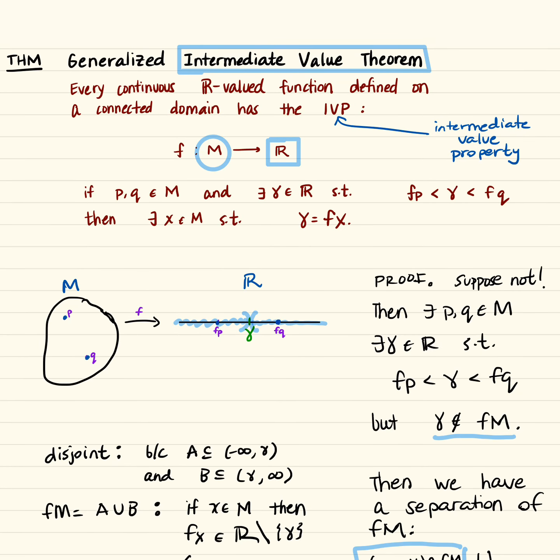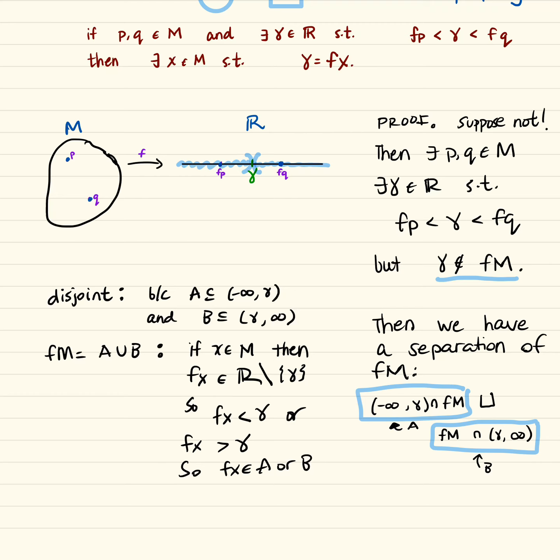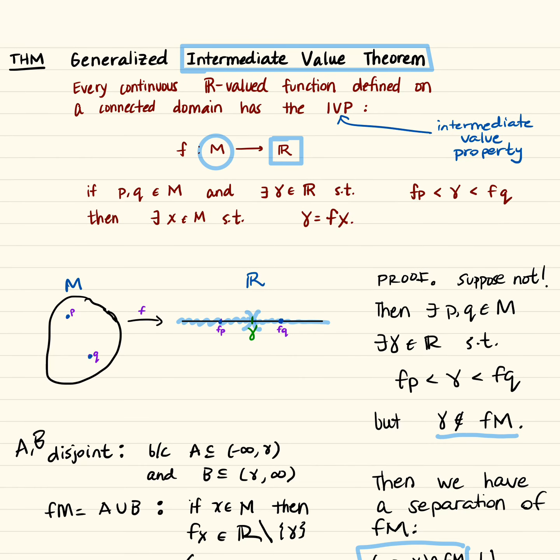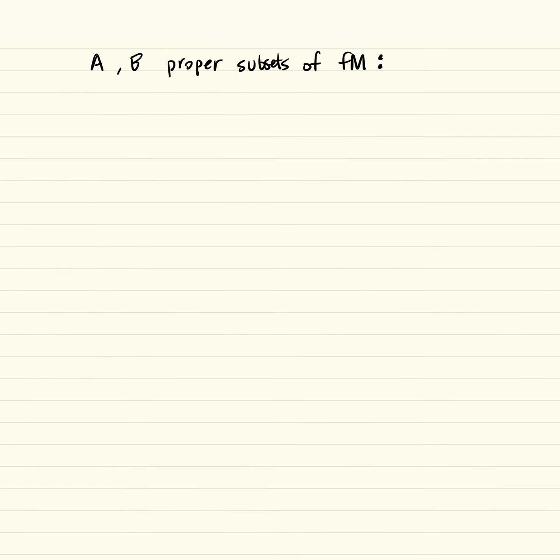So we've got that A and B are disjoint. We've got that F of M is equal to A union B. Now we need to show that A and B are proper subsets of F of M. Why are A and B proper? Because F of P belongs to A, and F of Q belongs to B, right?